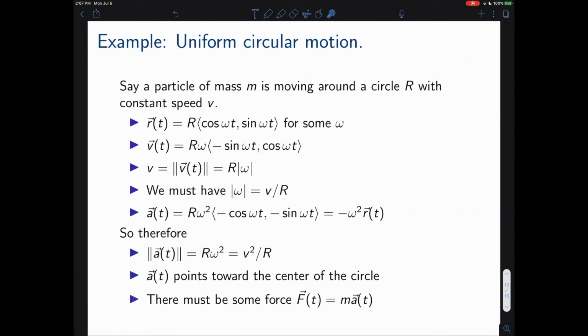Let's look at some examples with uniform motion. So let's start with uniform circular motion. Uniform circular motion is a specific thing. We have a particle or an object of mass m moving around a circle of a certain radius with a constant speed. So that's what makes it uniform, is the constant speed.